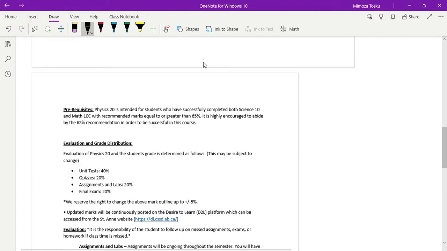As I said, Science 10 is the most required subject for the Physics 20 course, but it will help if you have Math 10C or any higher level of math. And my background is physics, chemistry, and math.